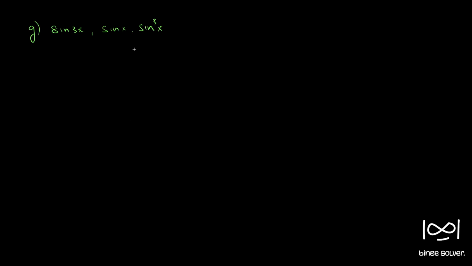It's pretty straightforward, and the Wronskian will become too complicated. We know the formula for sin 3x: sin 3x is equal to 3 sin x minus 4 sin cube x.